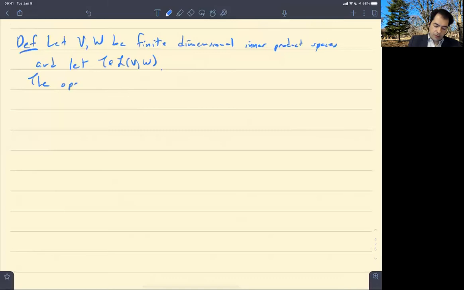The operator norm of T, which we'll denote by norm of T sub op, is just this maximum value. So it's going to be the maximum over all the vectors in V whose length is 1 of the size of T of V.